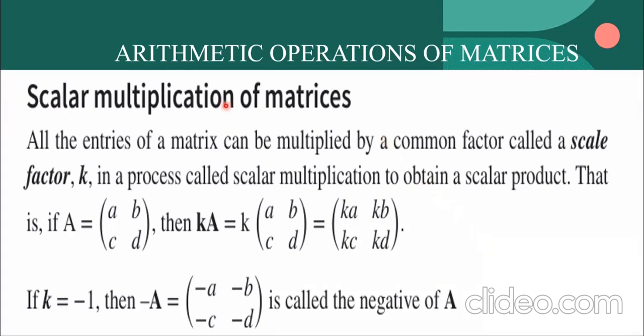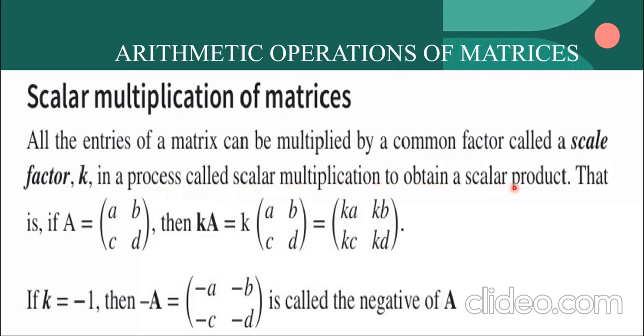Let's look at scalar multiplication of matrices. All the entries of a matrix can be multiplied by a common factor called a scalar factor, K, in a process called scalar multiplication.